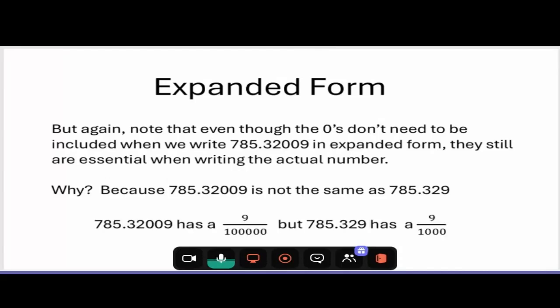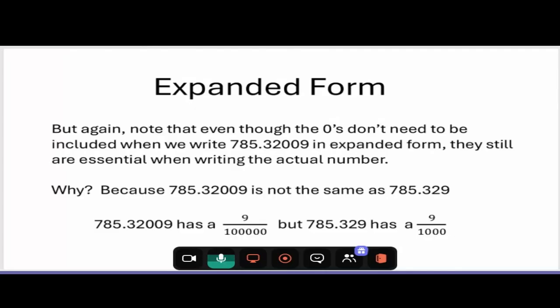And if you're wondering why are these two numbers different, why do those zeros actually make a difference? Well, the simple answer is that this number has 9 hundred thousandths in it, but this number, tenths, hundredths, thousandths, only has 9 thousandths. I say only, 9 thousandths is actually a bigger number than 9 hundred thousandths, but we'll get to that later.